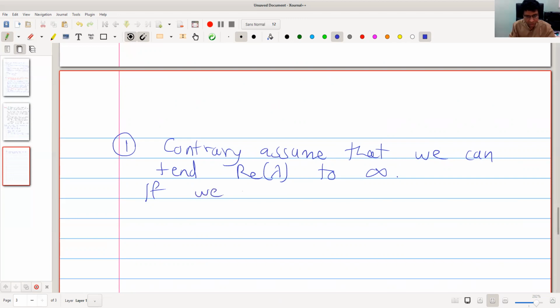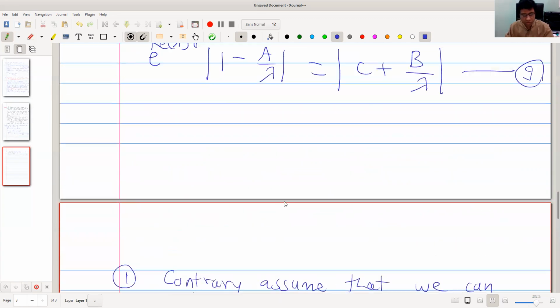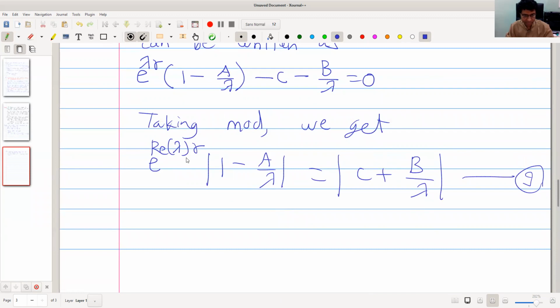If we keep on increasing the real part of lambda, then what happens to the left hand side of 9?